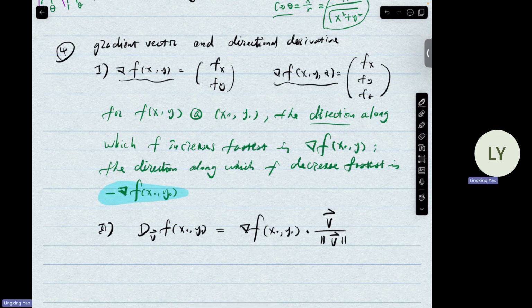So here, if v is indeed a unit vector, then the length of v is just constant 1, then things will be easier. But if not, then we have to figure out the length of v.